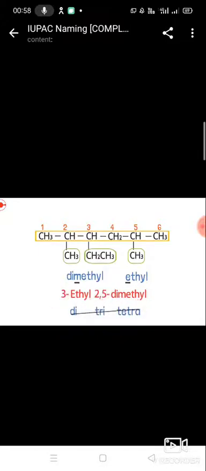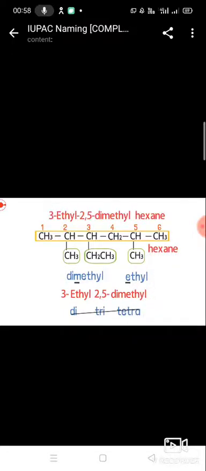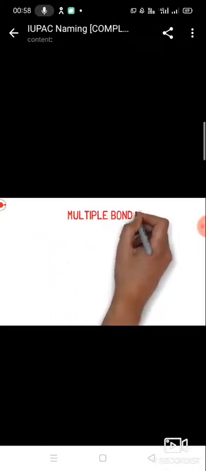So 3 ethyl group, 2, 5 dimethyl group. And straight line 6 carbon, so hexane. 3 ethyl, 2, 5 dimethyl hexane.